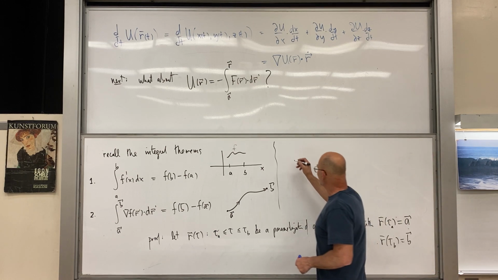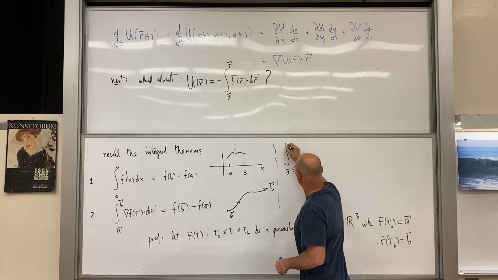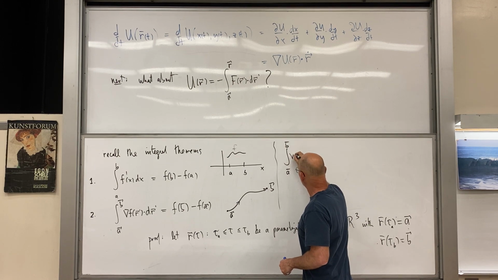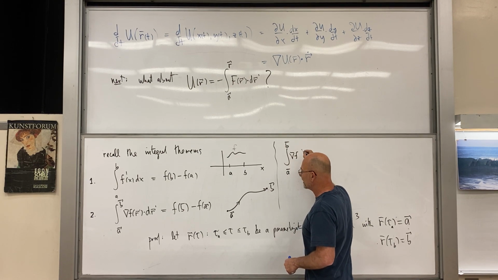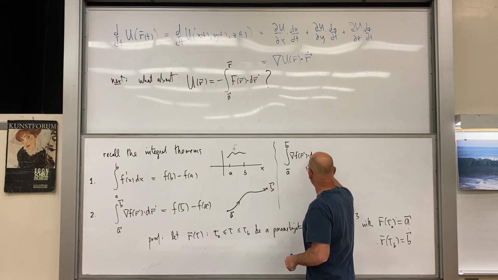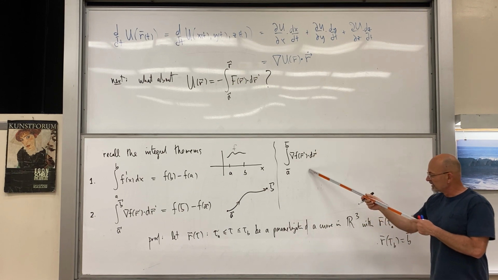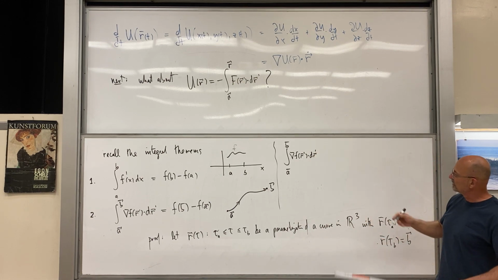So then we have this integral here, a to b, which is the symbolic form, gradient f of r prime dr prime. What I'm saying is that's the line integral with this parametrization.